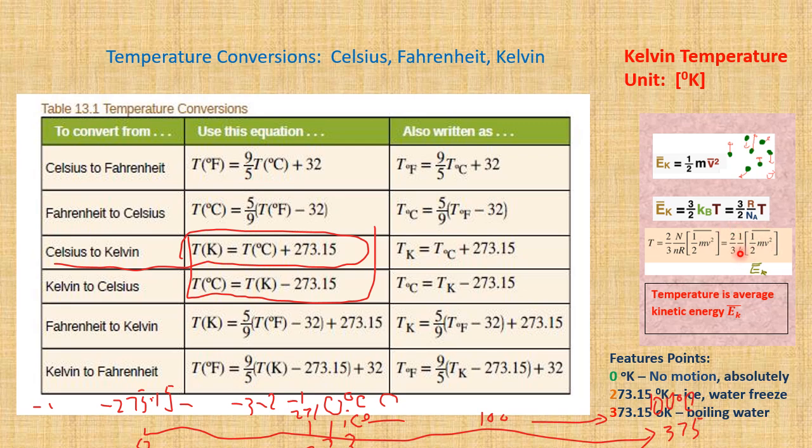So the constant is fixed. You can look up the Boltzmann constant value, which is a very tiny number, but that will scale this temperature to the Kelvin degree.